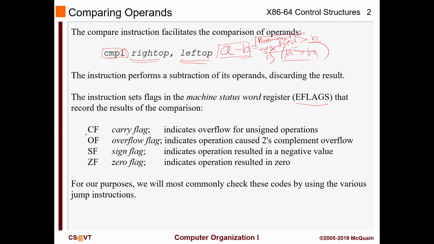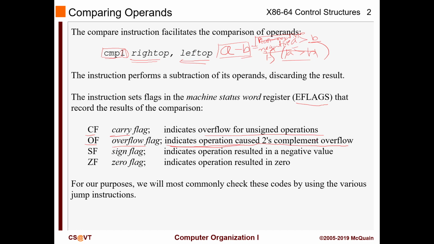These are some of the flags. CF, the carry flag, indicates whether overflow for unsigned operations happened. OF, the overflow flag, indicates the operation caused a 2's complement overflow.